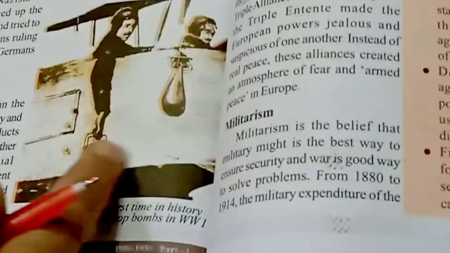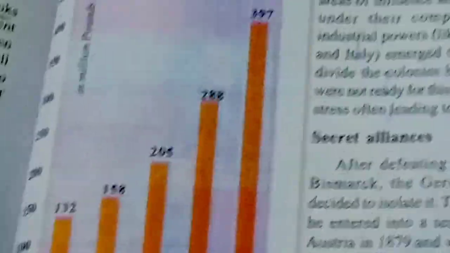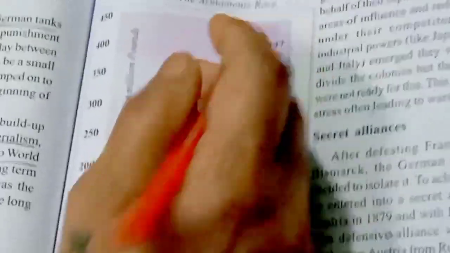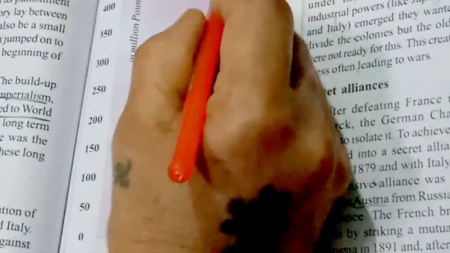Here this picture is also given, and it is very important. Armaments race: this picture has been given many times, even in pre-final or public exams. What is armament? Generally you think ornaments means jewels, but here armaments race is not that.